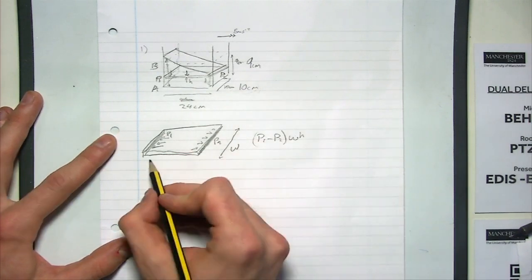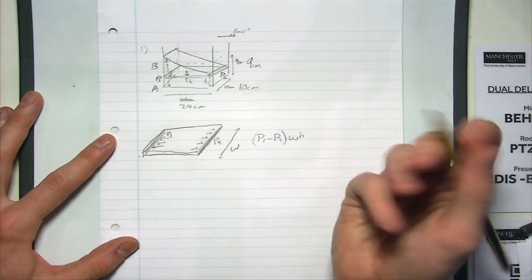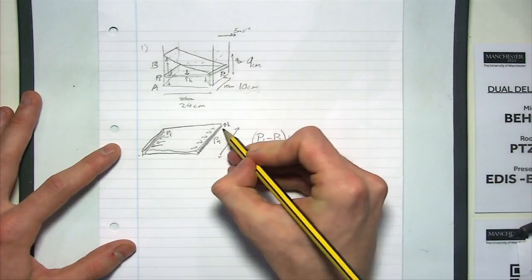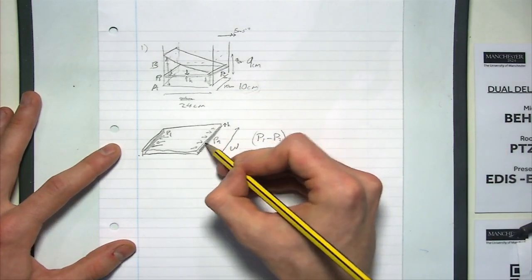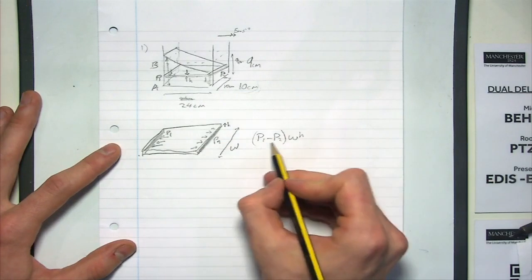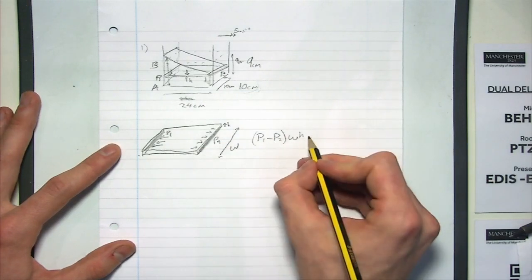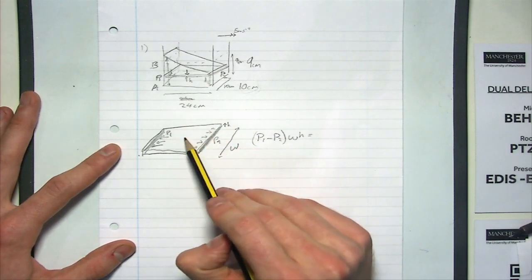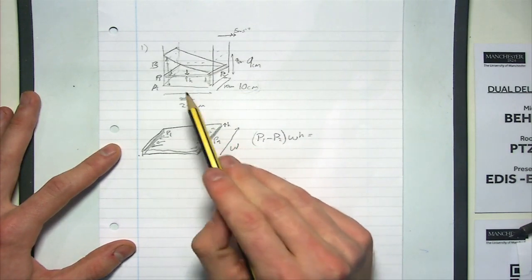And then this is the height. So basically, I'm saying what's the size of this area here, this little area, and this little area, and I'm just taking the pressure difference between them. Why am I doing that? Because that's going to be pushing that way, and that's going to be pushing that way.